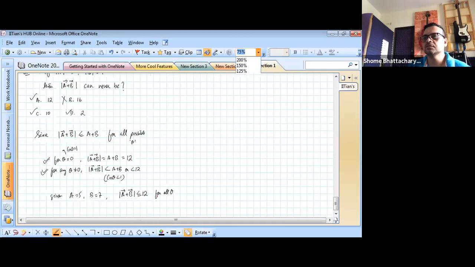Let's say we ask a reverse of this question. The next example we are saying is, again, magnitude of A is 5, magnitude of B is 7.